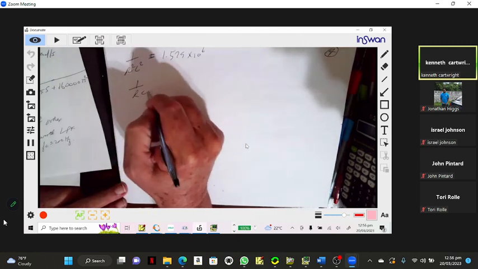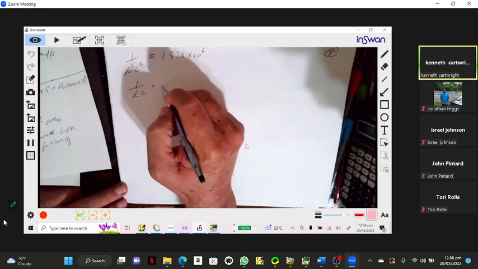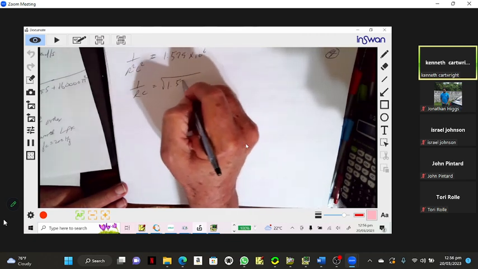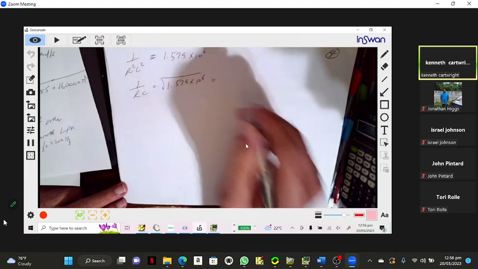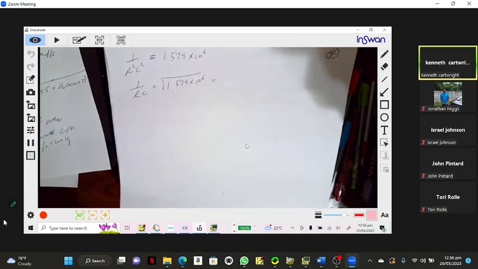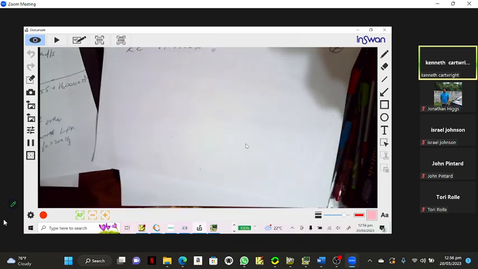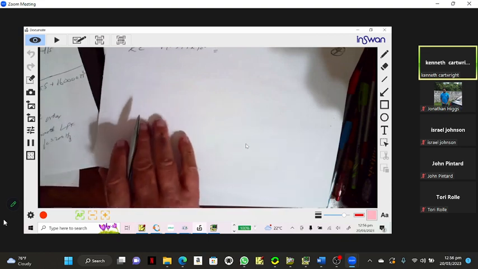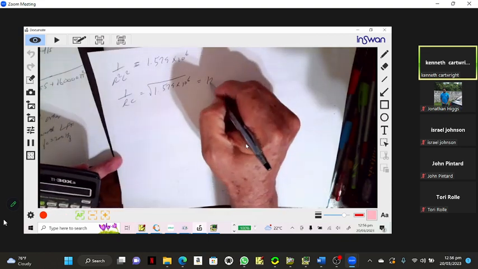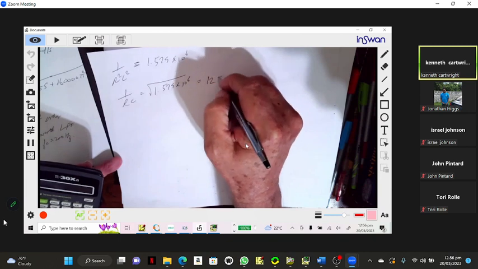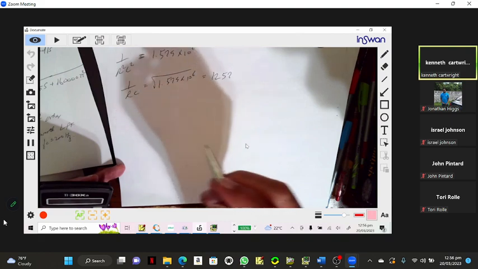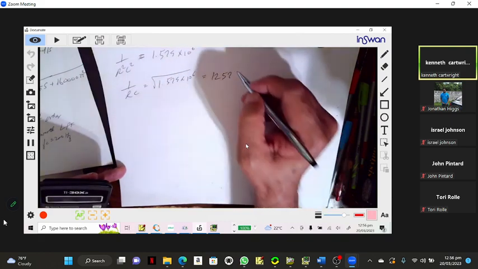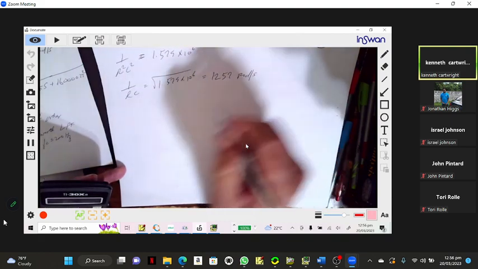So 1 over RC equals the square root of 1.579 times 10 to the 6, which is 1257, which, by the way, is radians per second.